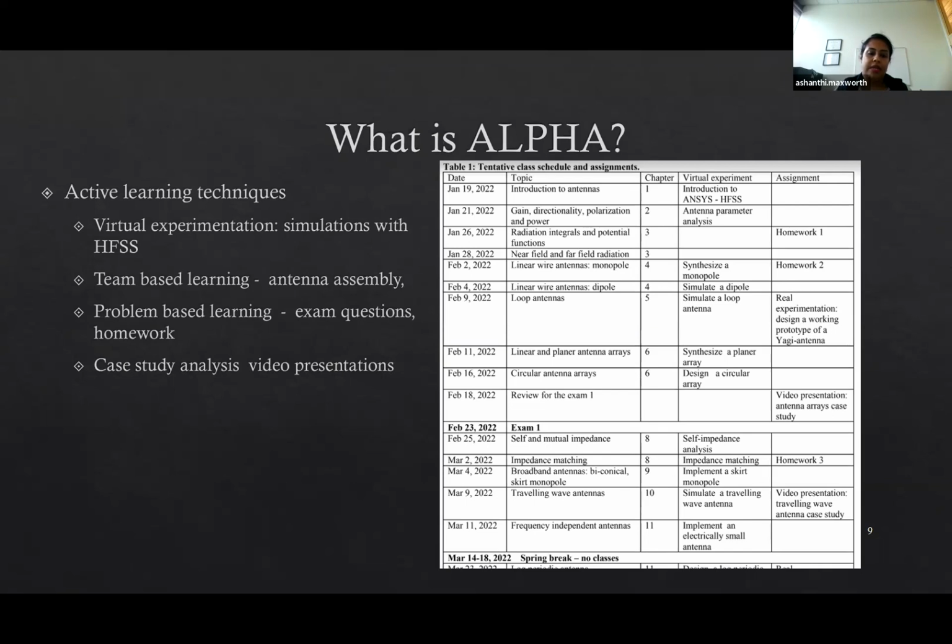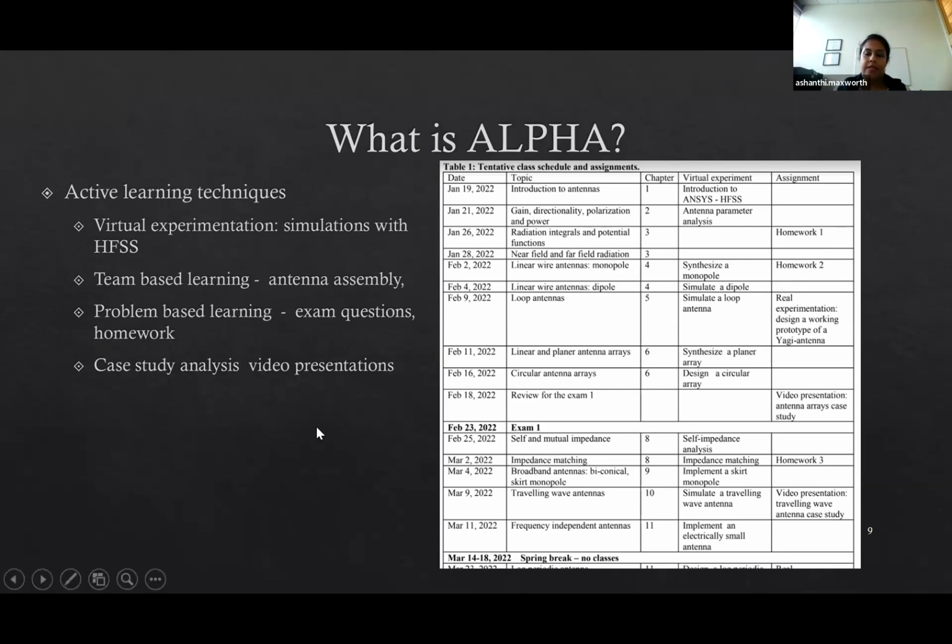All the exam questions are problem-based, where I give them a problem with constraints and requirements, and they have to come up with a design. Some of these questions are quite open-ended as well. I also gave them 2 case studies. Instead of submitting a report, they had to submit a video presentation, and I'll talk more about this later.